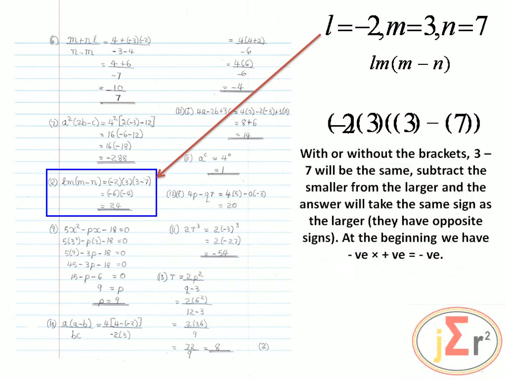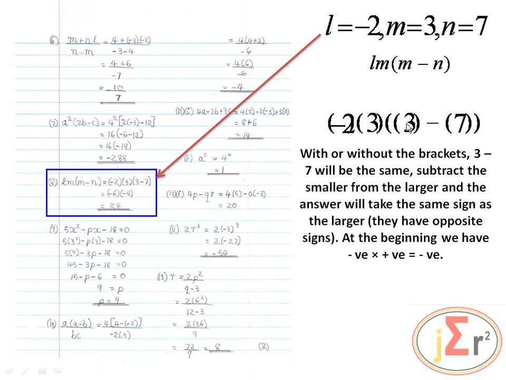With or without the brackets, 3 minus 7 will be the same, which is subtract the smaller from the larger, and the answer will take the same sign as the larger. They have opposite signs, and we may use the rule of thumb. When we have different signs, we find the difference.